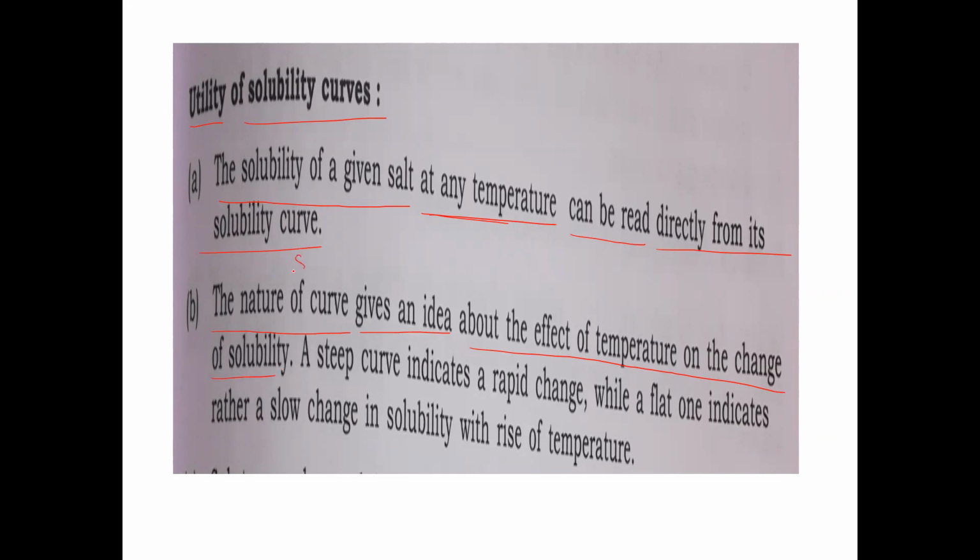Suppose we take exothermic solutions. The solubility in the formation of exothermic solutions will be inversely proportional to temperature. If a substance forms an exothermic solution, like CaO in water, some heat energy is released when you dissolve it.